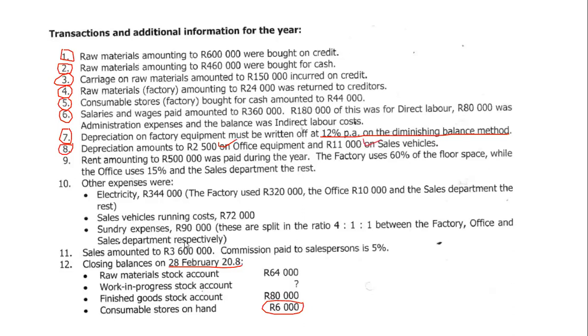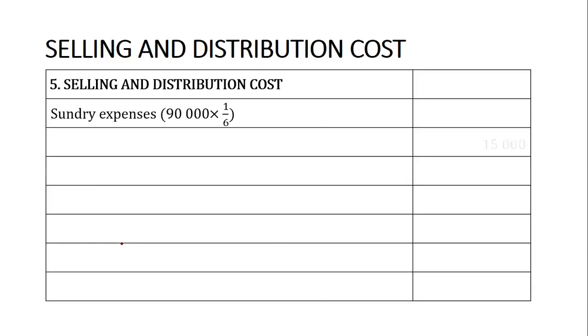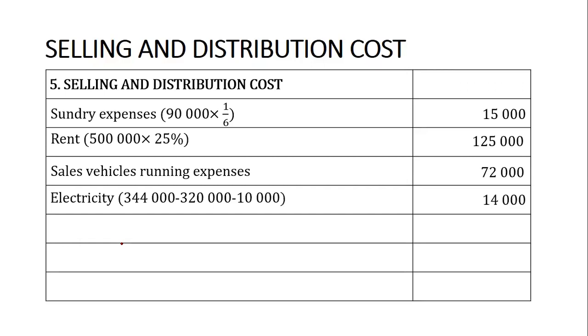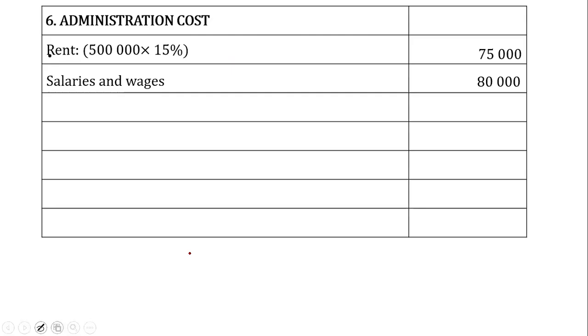I'm going to start with selling and distribution. Under selling and distribution, I will have depreciation, and my depreciation will be 72,000. Then I will go to my admin. Under my admin, I will have depreciation on office equipment, which is 2,500.